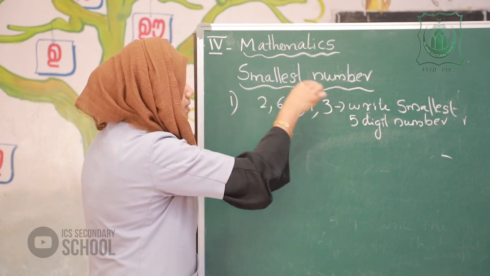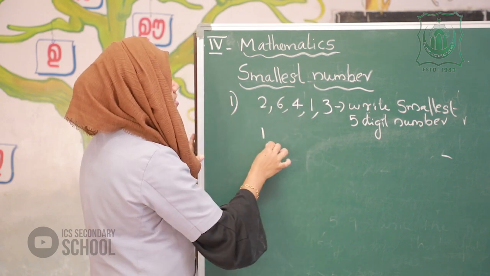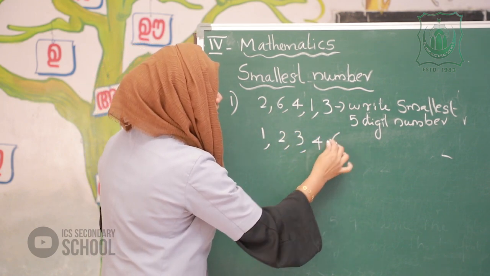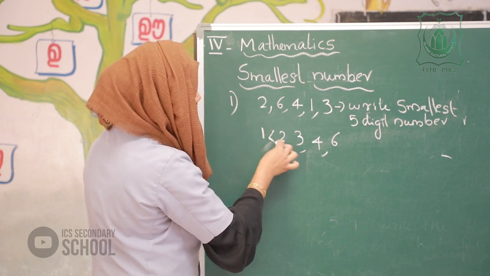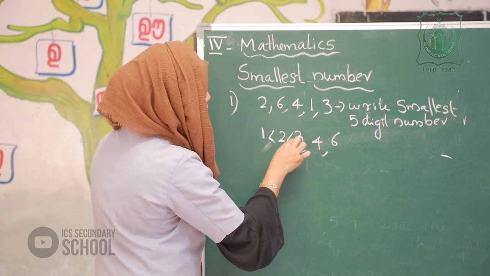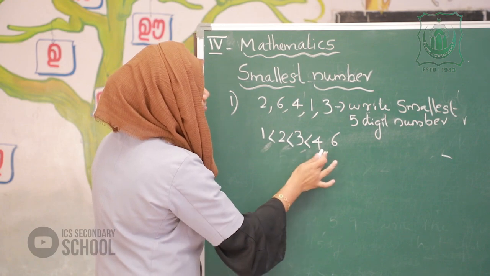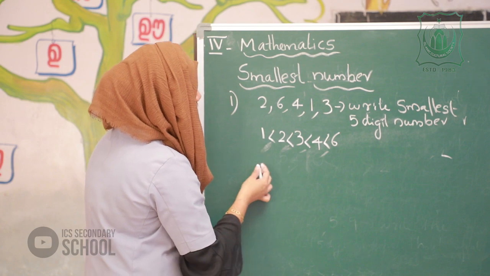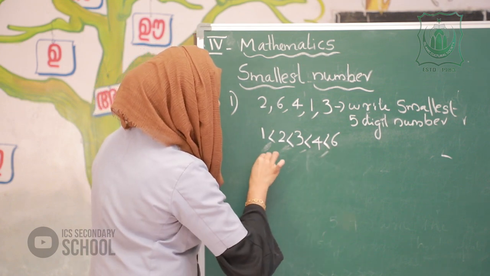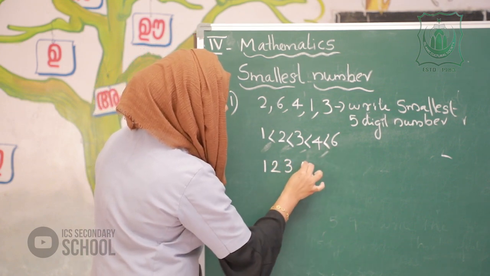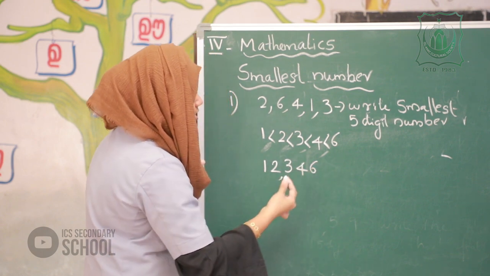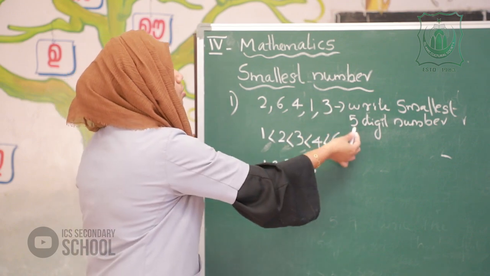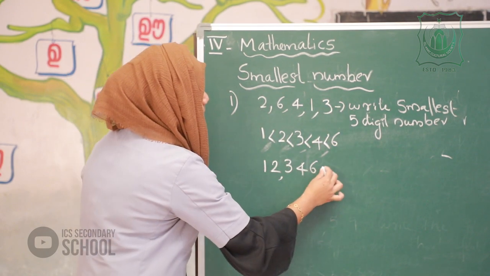Which is the smallest number? 1, then 2, 3, 4 and 6. Okay, 1 is less than 2, and so on. You got it? So now we can write the number. The number is 12,346, the smallest 5-digit number.